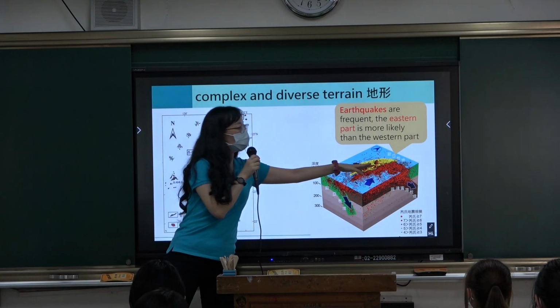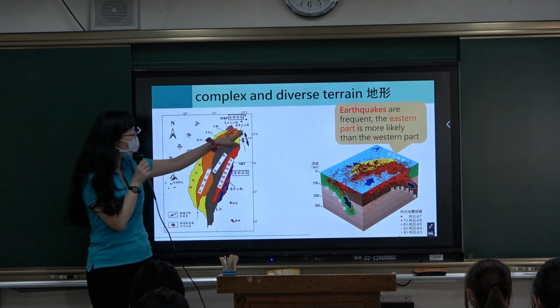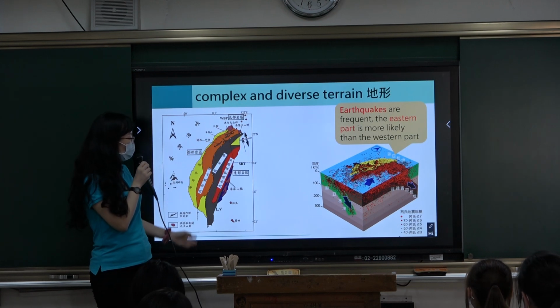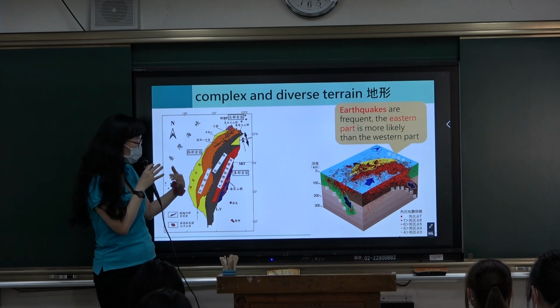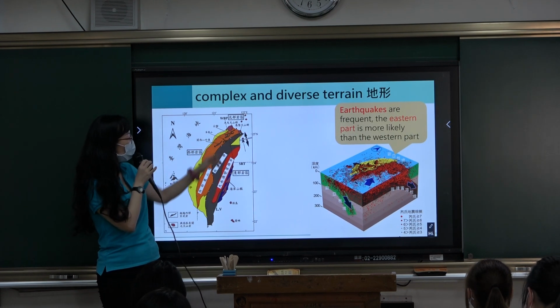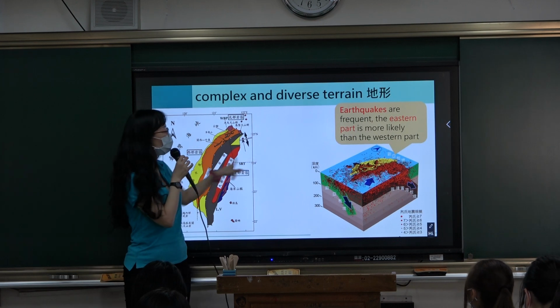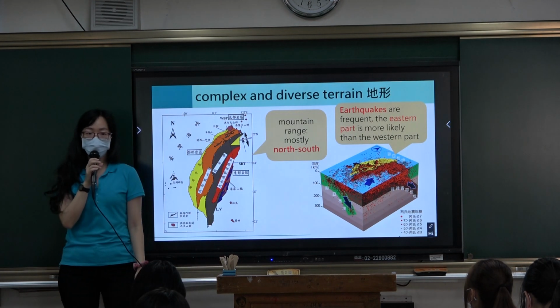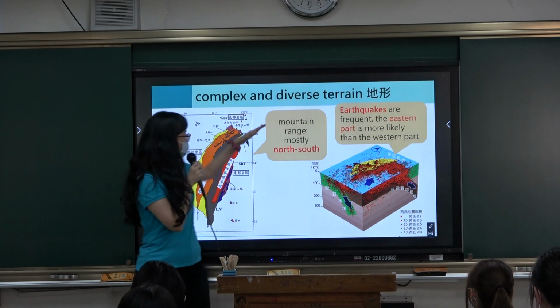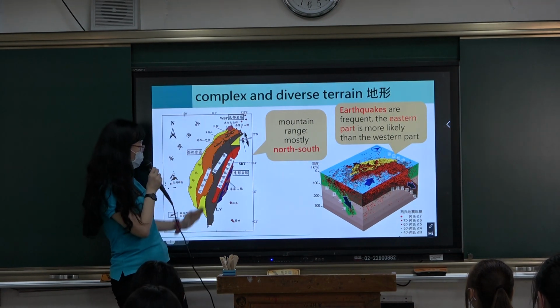And then we move on. So because of the plate colliding here, you can see the mountain is also formed by the plate collision. So the mountain range, as you can see from the map, is usually formed in which direction? North, south. Yeah, so our mountain is usually like this, right?